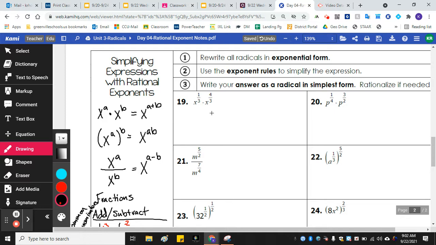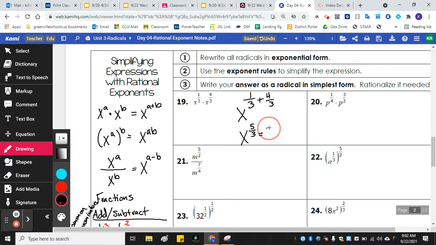So first off, when you multiply two bases, you add their exponents. So we have to add 1/3 and 4/3. So that's in the exponent. We're adding them. There's already common denominators. So 1 plus 4 gives me 5/3. Write your answer as a radical in simplest form.